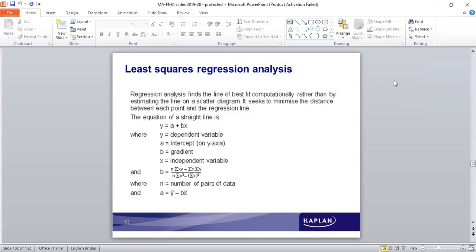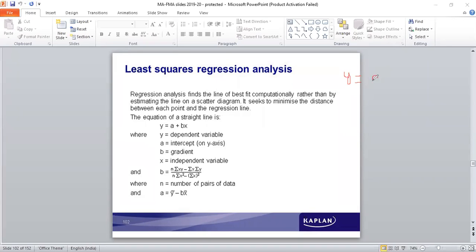So now the first technique we have here is least square regression analysis. At that time I mentioned a linear relationship existing between the two variables y and x. Y is a dependent variable on x.